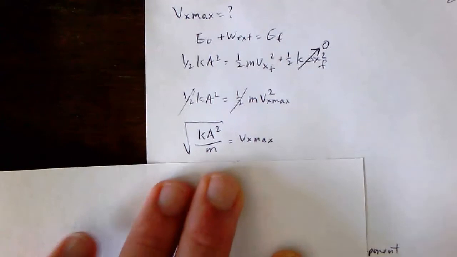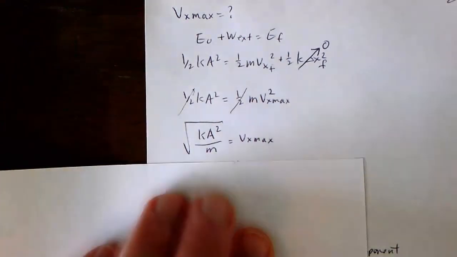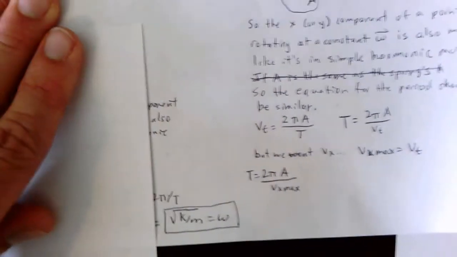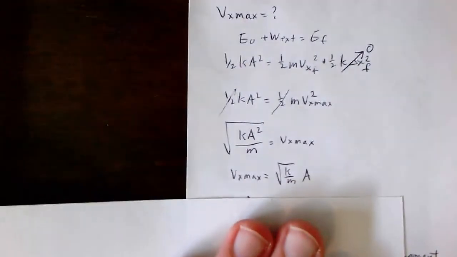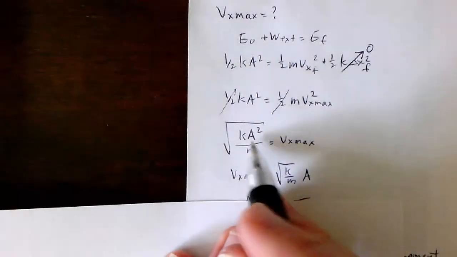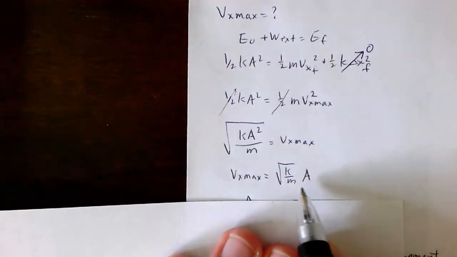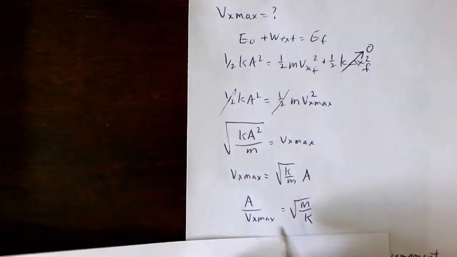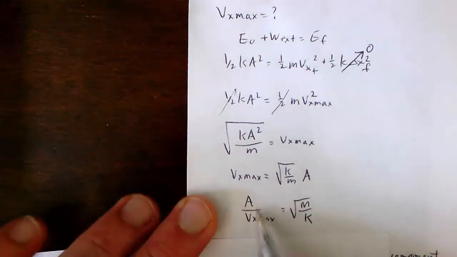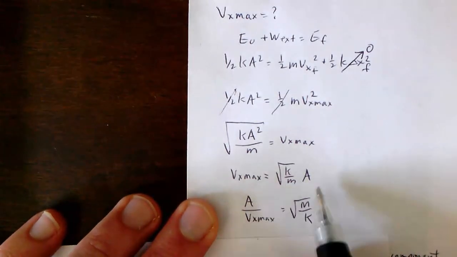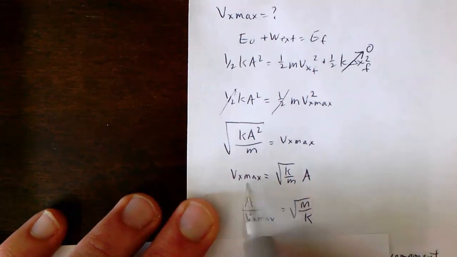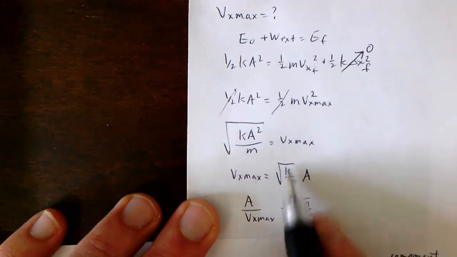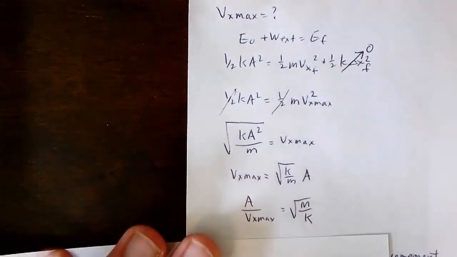Now we have Vx max here, and we have Vx max down there. So we're just going to plug in that Vx max is root k over m times a. Actually, the way the book solves it is it divides both sides by Vx max, and then this goes to the other side and gets divided, and we get this relationship.